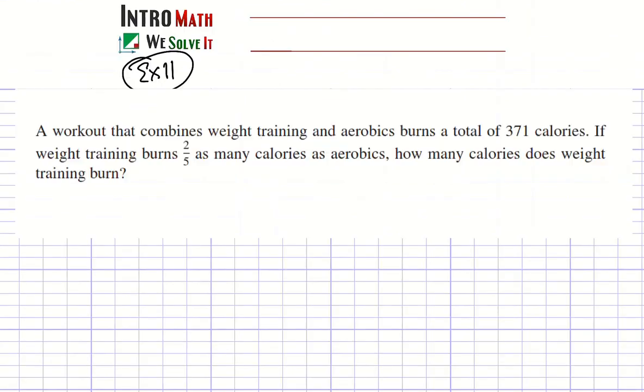Alright, here's example number 11. It says that a workout that combines weight training and aerobics burns a total of 371 calories. If weight training burns 2/5 as many calories as aerobics, how many calories does weight training burn?